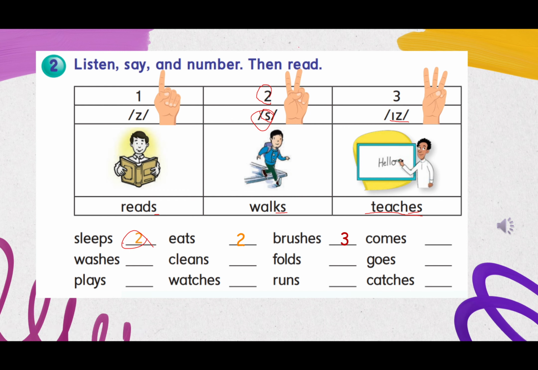Number 3 is brushes. Okay? Comes. It's going to be number 1, actually, not 2. So comes. Washes is again number 3.